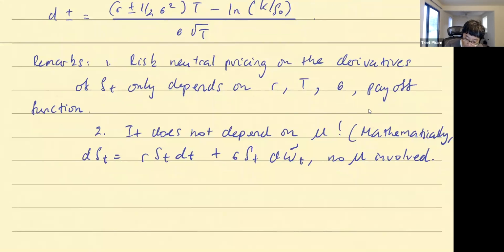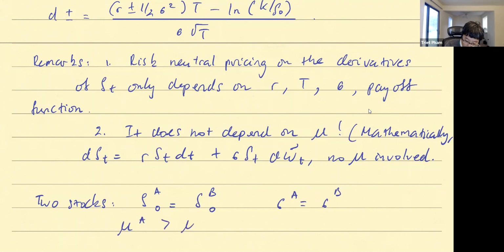Now if you work out the implication of this, there are several implications. The first is this: for example, if you have two stocks, I think this is on your homework, suppose they have the same initial price, they have the same risk factor, and suppose they have different rate of return.